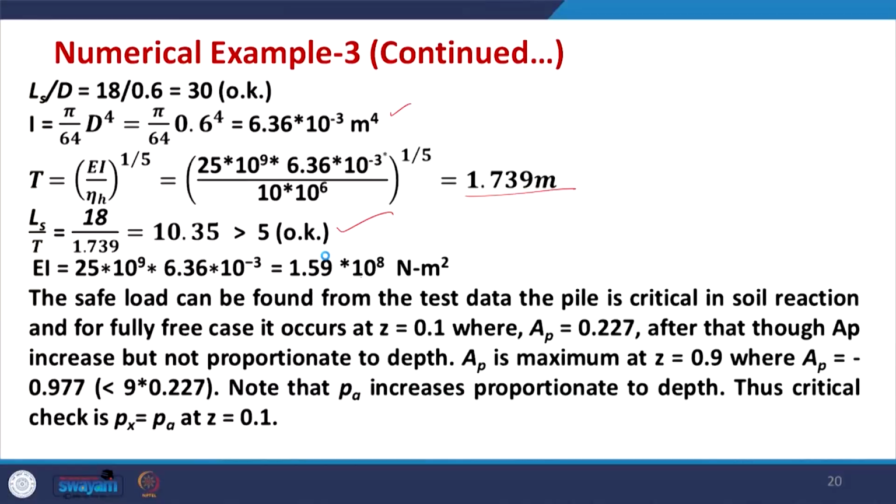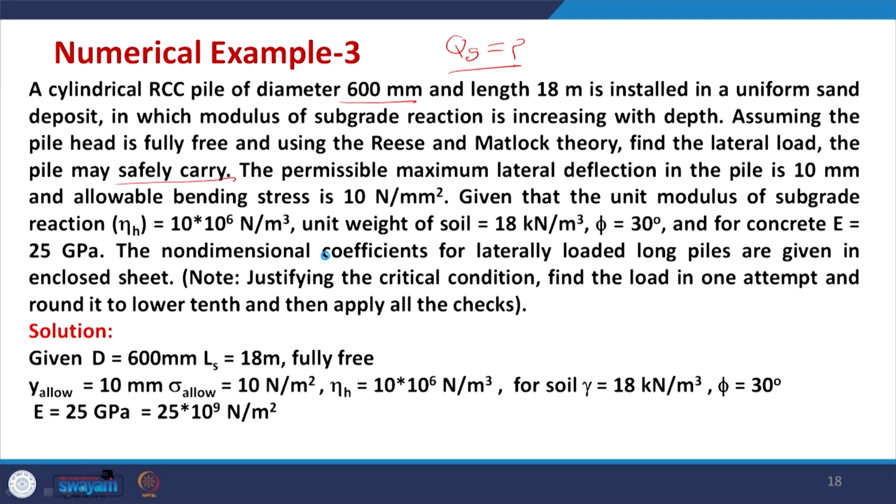So, in one attempt, normally what you can do is start with the case for the point at the depth where soil reaction is critical, and how soil reaction can be critical needs to be calculated. What is the case here? In this case, first of all understand that the pile head is fully free.